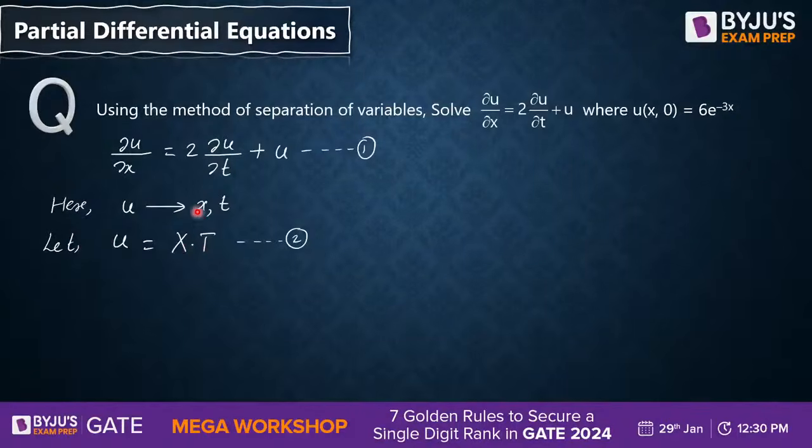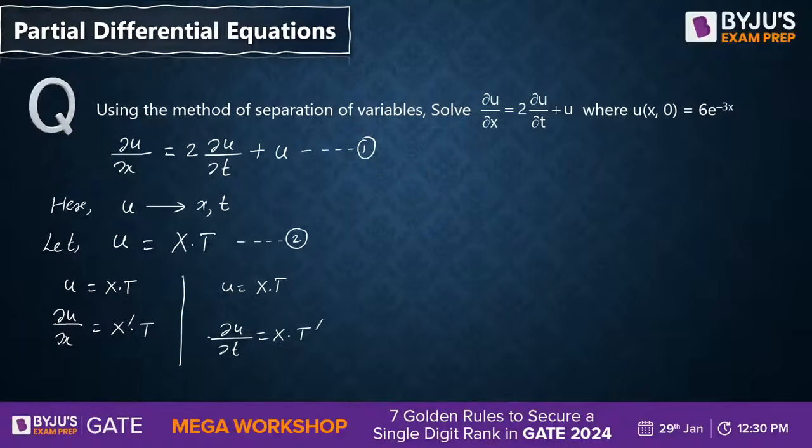Now from this relation I will be calculating del u by del x and del u by del t. u equal to X into T. I want del u by del x. So when I take partial derivative with respect to x, then capital X derivative will be X dash and T will remain as it is. When I take partial derivative with respect to t, capital X will remain as it is and derivative of T will be denoted by T dash.